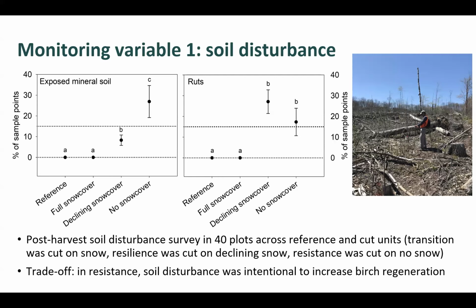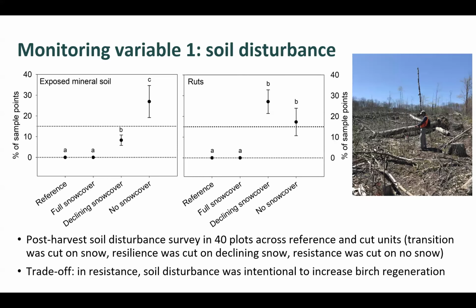Well, in this case, this is about climate adaptation. So we were willing and in fact interested in maximizing soil disturbance in that resistance cutting unit. That's why it was cut on no snow cover, because through that exposure of mineral soil, that increases the germination success of paper birch, which is a target species that we wanted to favor in the resistance treatment.